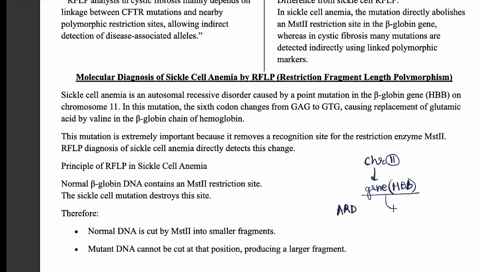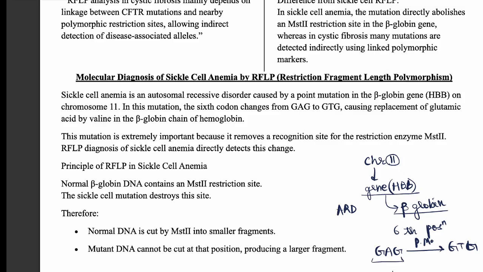What happens is that this HBB gene basically has to synthesize a beta globin chain. Now, at the sixth position of the beta globin chain, there is a trinucleotide codon GAG, and due to a point mutation, always remember point mutation, it is changed to GTG.